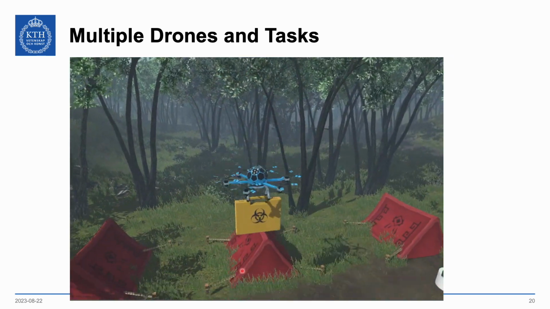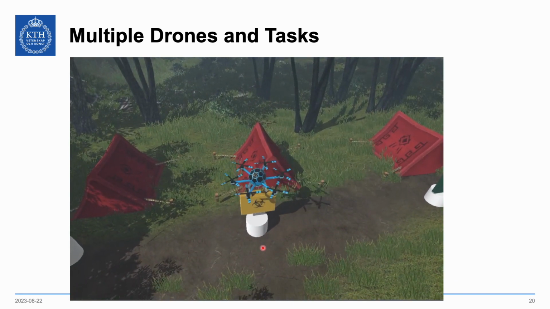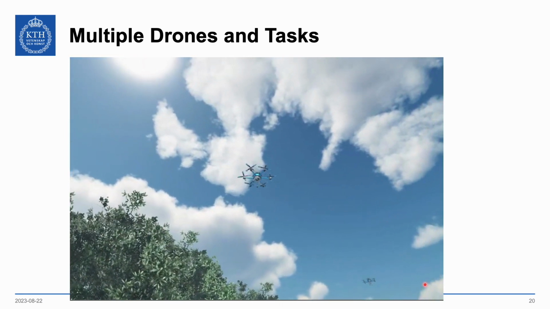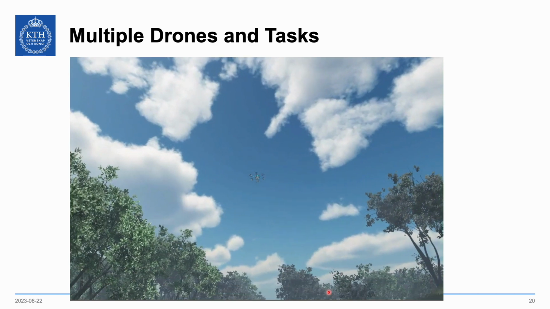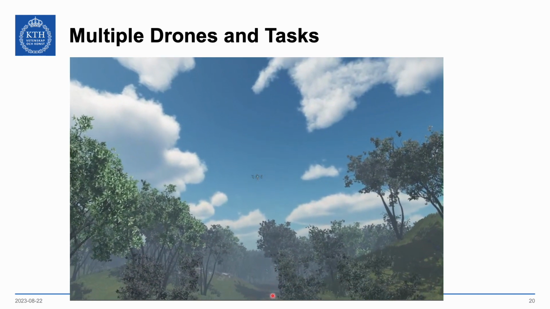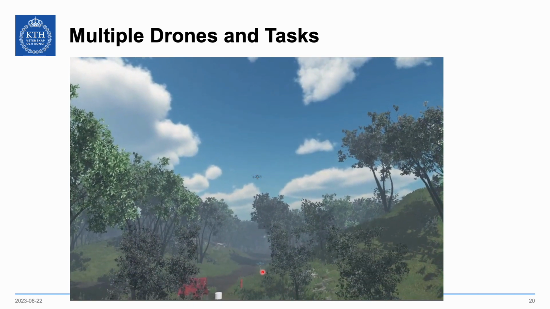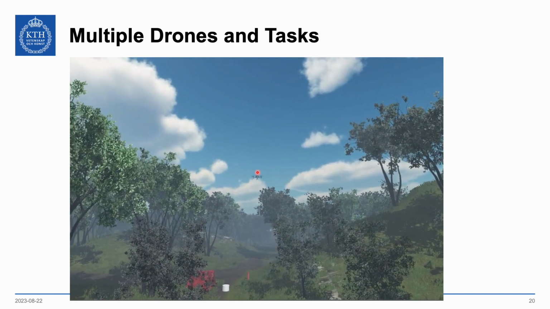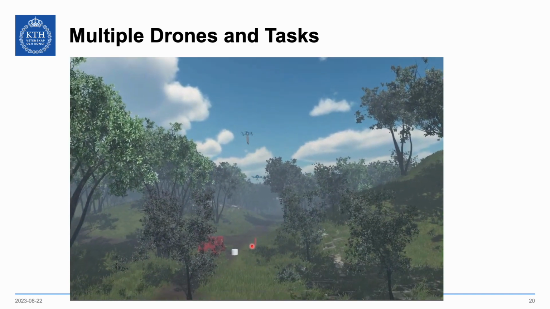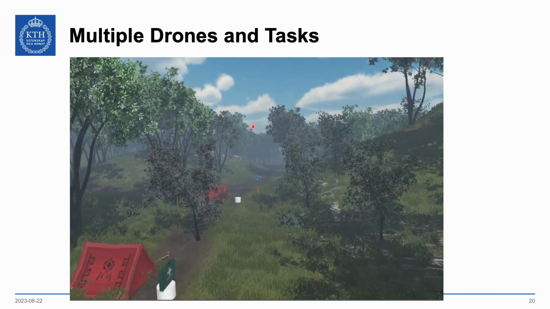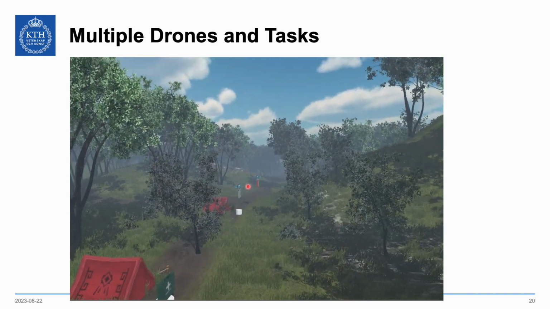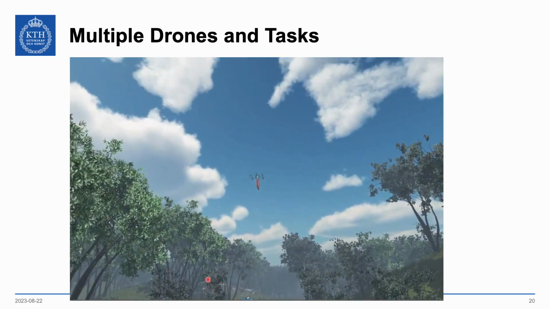Finally, we're going to allow it to deliver its package. So there are two more packages down to the right here. First, they're both going for the white one here, but once this is grabbed, this one revises its allocation and goes for the red package. The white package is being dropped here, and the red is going to be dropped at the fourth tent.